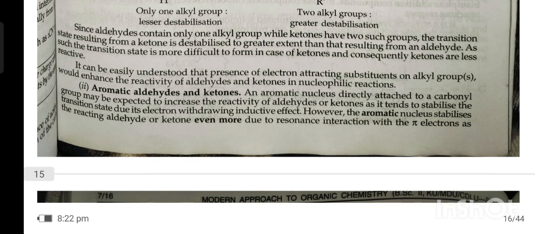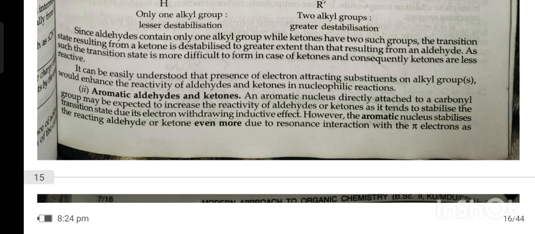It can be easily understood that the presence of electron-attracting substituents on an alkyl group would enhance the reactivity of aldehydes and ketones toward nucleophilic reagents. Second, aromatic aldehydes and ketones. An aromatic nucleus directly attached to the carbonyl group may be expected to increase the reactivity of aldehydes and ketones, as it tends to stabilize the transition state due to electron-withdrawing inductive effects.